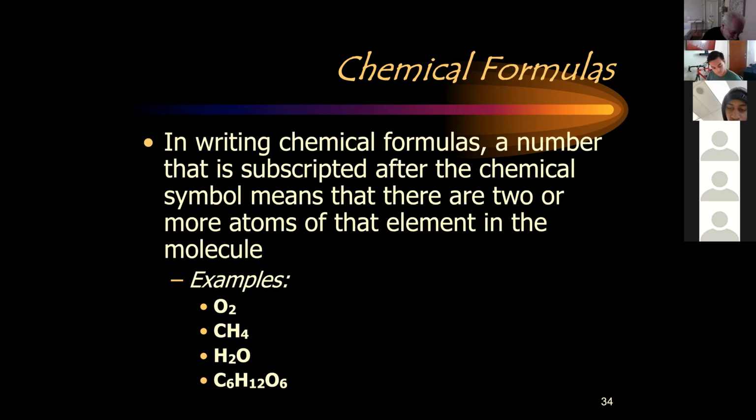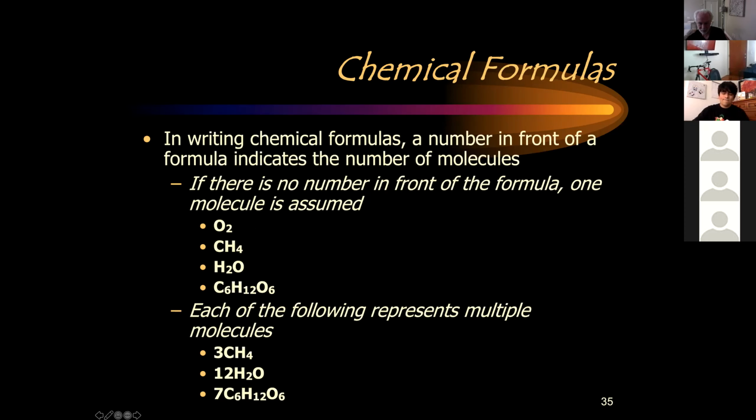And what about H2O? It's 2 hydrogens and 1 oxygen. Right. Did anybody recognize the last one? C6H12O6? Isn't that just glucose, like photosynthesis? Yeah, it's glucose. 6 carbons, 12 hydrogens, and 6 oxygens.